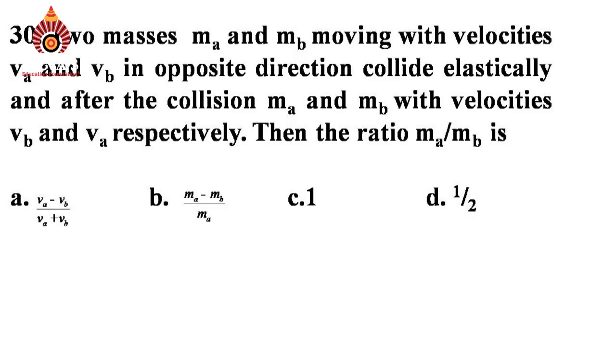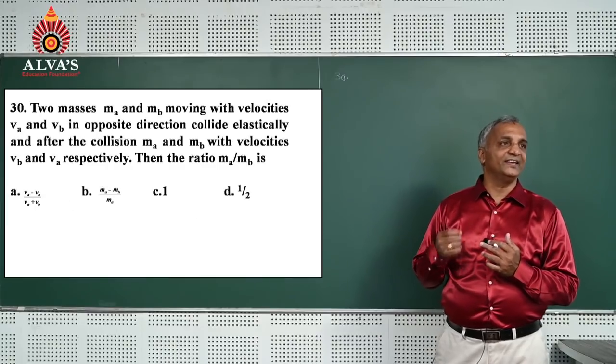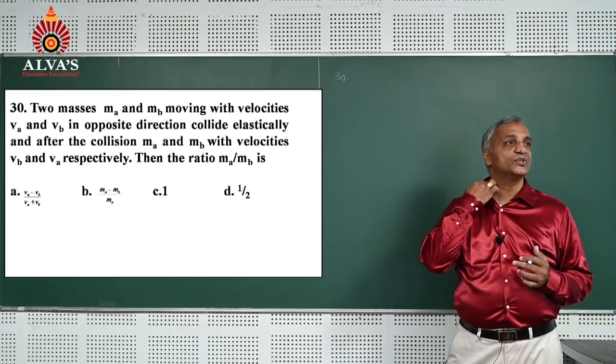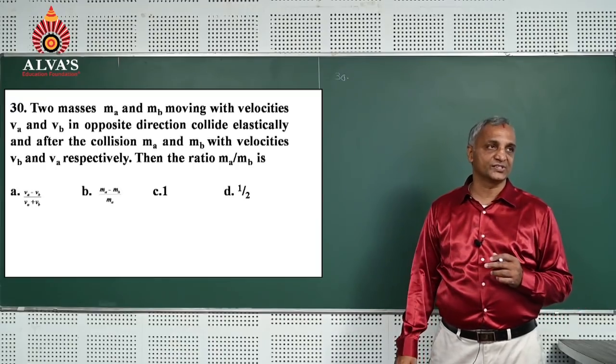Question number 30. Two masses m1 and m2 moving with velocities VA and VB in opposite direction collide elastically, and after the collision m1 and m2 move with velocities VB and VA respectively, then the ratio of m1 by m2 is.